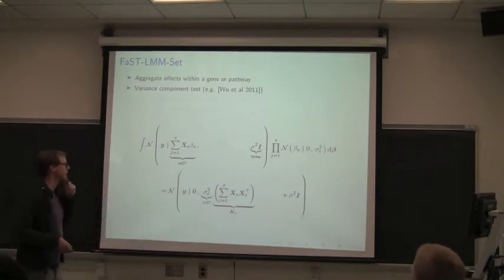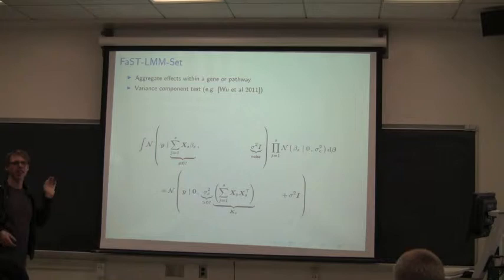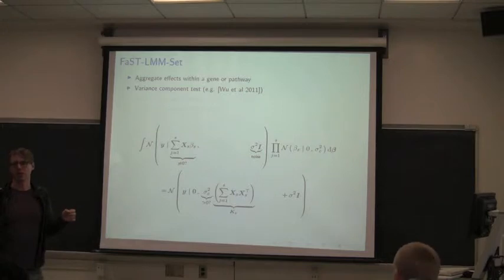The problem here is that if you have population structure when testing a single variant, you will also have population structure if you test multiple variants, and it will hit you even harder.